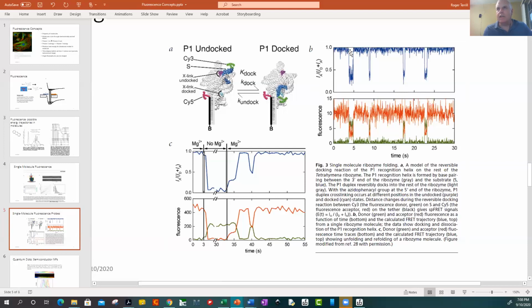And so it's either one or something less than one, right? And so they can observe the single protein molecule folding and unfolding on this multi-second time scale. This ribozyme doing its ribozyme thing. Does that make sense?